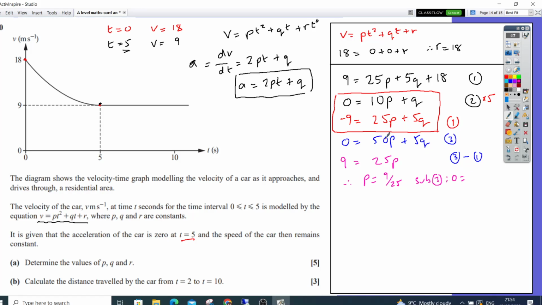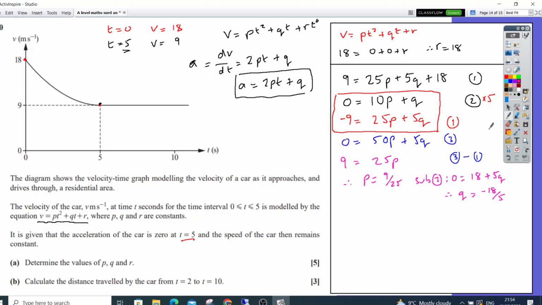And you're going to get 50 times 9 over 25, which is 2 times 9 is 18, plus 5q. And if you rearrange that, that becomes minus 18 divided by 5. So q, therefore q will equal minus 18 over 5.